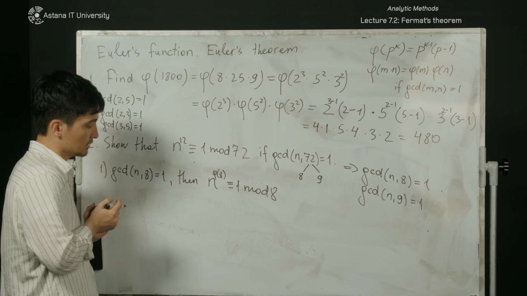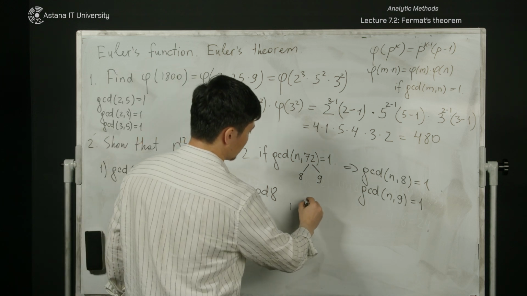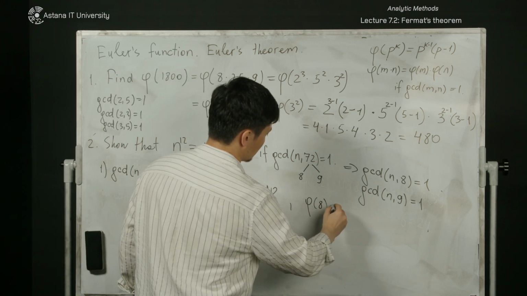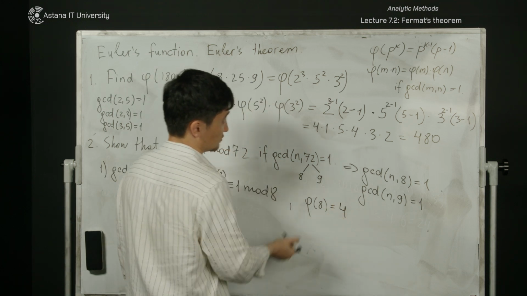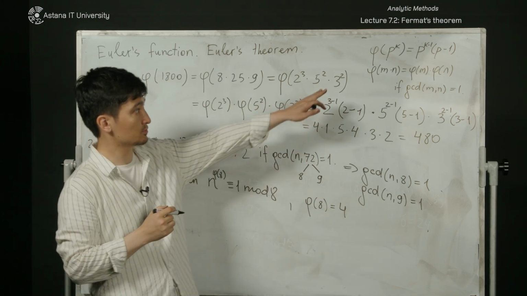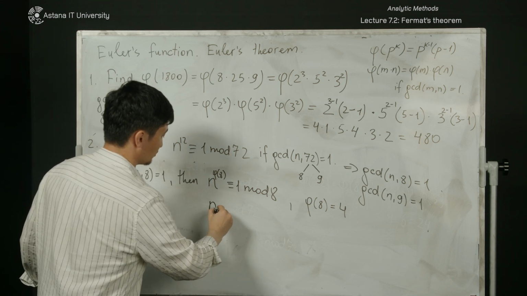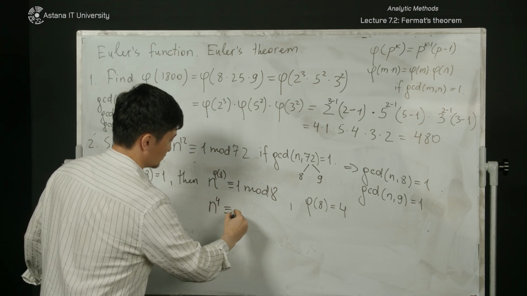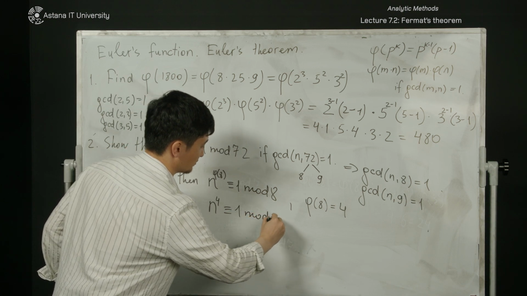Phi of 8 is simply 4, so basically I have n to the power of 4 gives me remainder 1 mod 8.